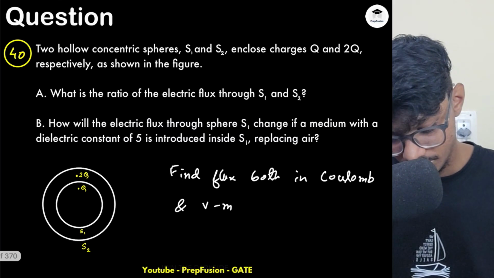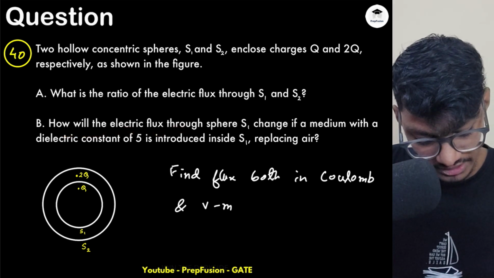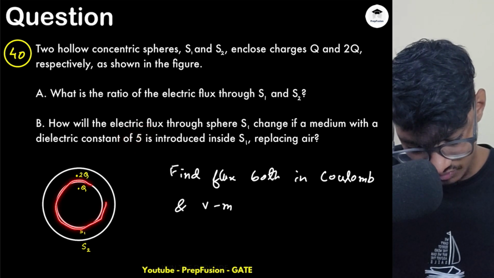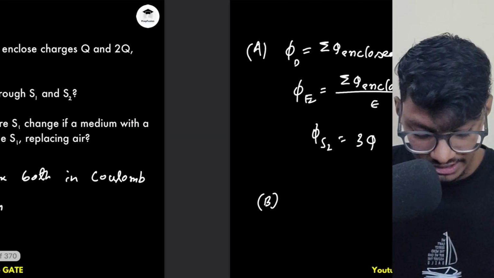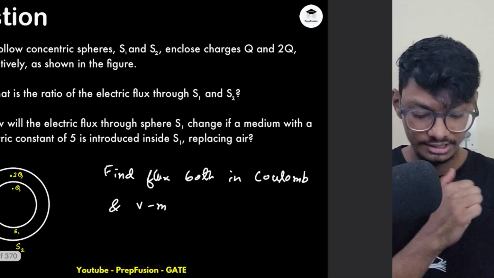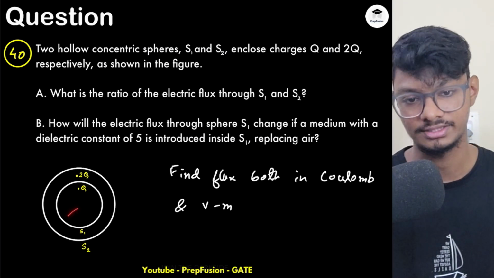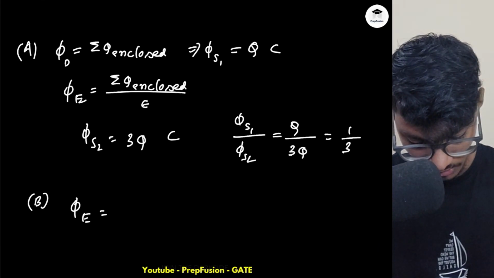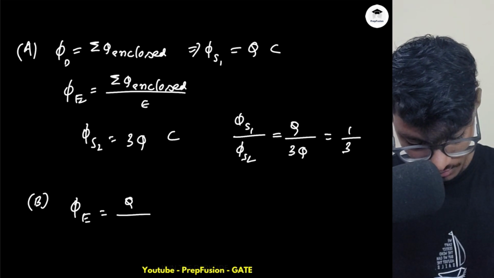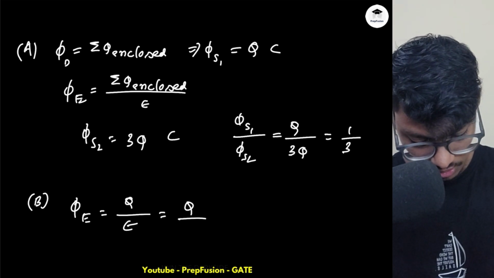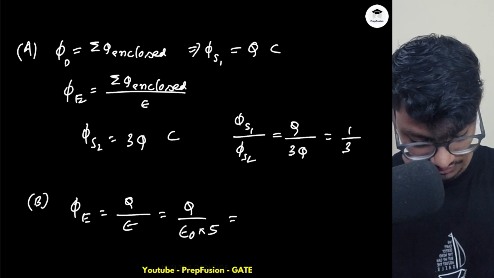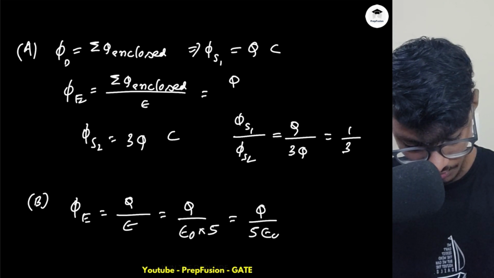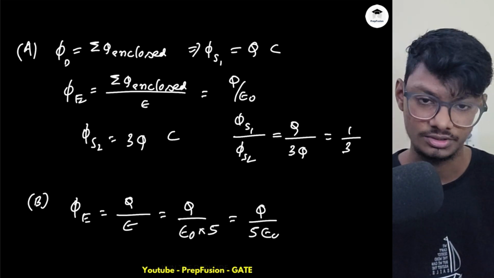Now what is the B part? How will the electric flux through surface S1 change if a medium with a dielectric constant of 5 is introduced inside S1? Previously I assumed that this was epsilon naught only, but now a dielectric constant of 5 has been placed. So my flux phi E will be Q upon epsilon naught into epsilon R, that is 5, so Q upon 5 epsilon naught. Previously it was Q upon epsilon naught only, because epsilon R was 1, it was air.